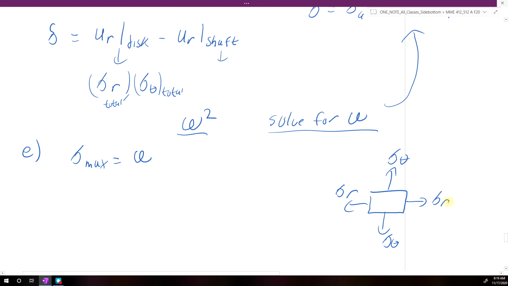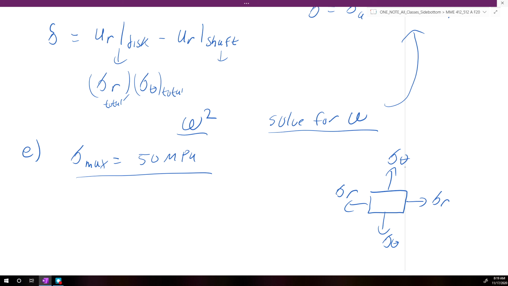For a thick-walled cylinder, these are our principal stresses. So we want to know when our sigma max is equal to 50 megapascals. So either sigma r or sigma theta is equal to 50 megapascals. That's when the disk will burst.